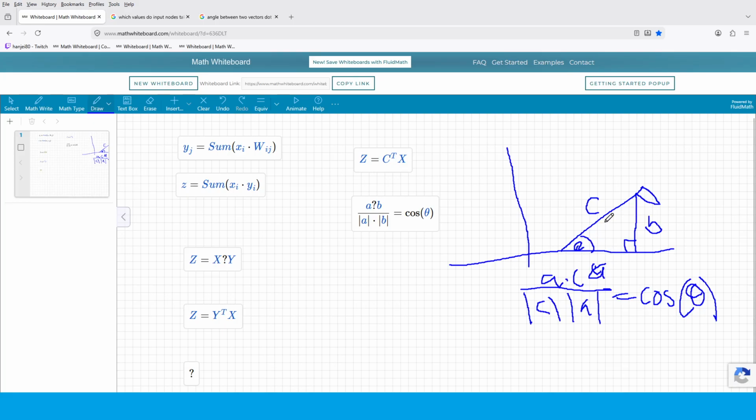We know A because this is the x-axis and this is the y-axis. We know C because that's the length of our vector, and we know the length of vector A, how far it drops down.